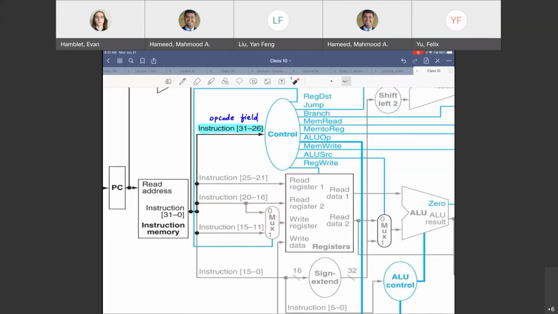In other words, whenever you're trying to write to a register in the register file, that register could be an RT register or it could be RD register. Can somebody tell me when is it going to be RT? When, for which instruction a write register is RT? Go ahead. I-type.